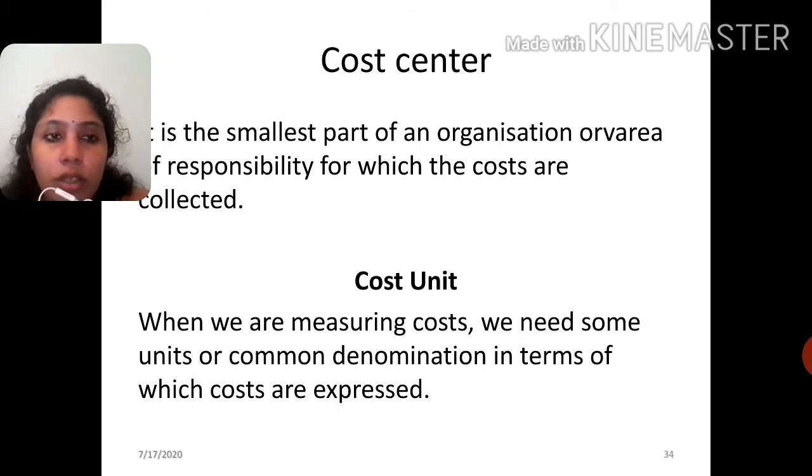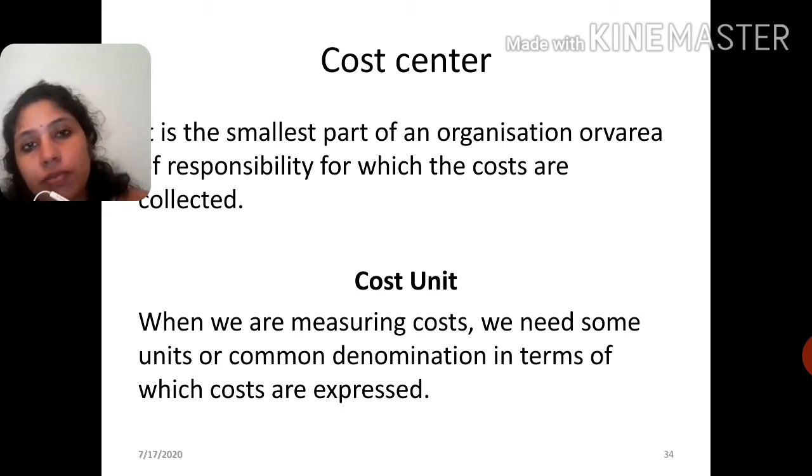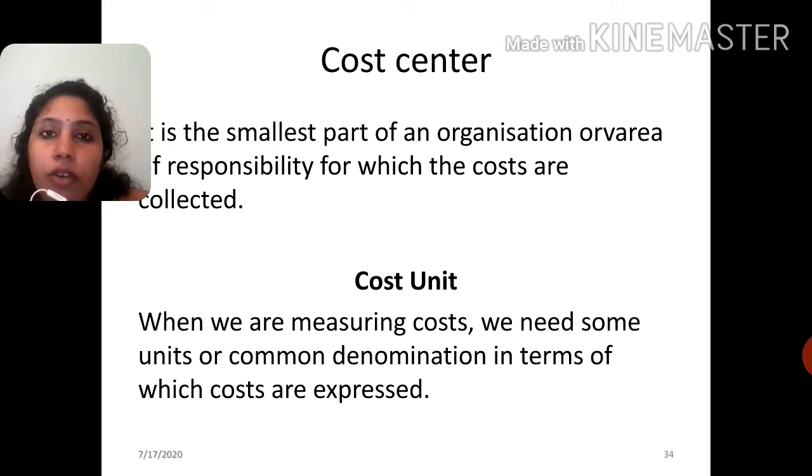When we are measuring cost, we need some units or common denomination in terms of which costs are expressed. See the definition again. Consider our last example, Chandrika soap production.